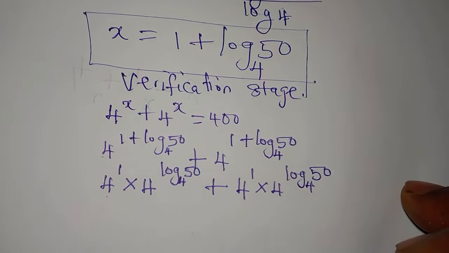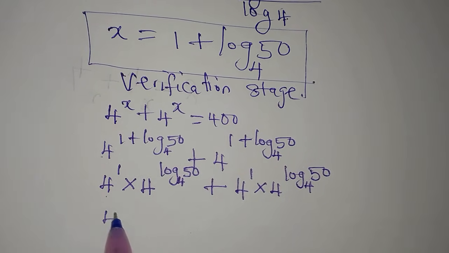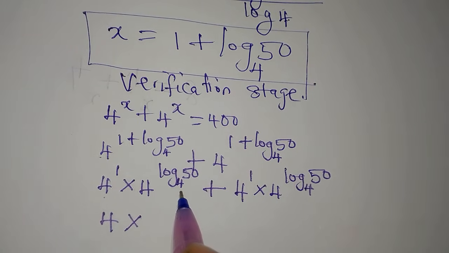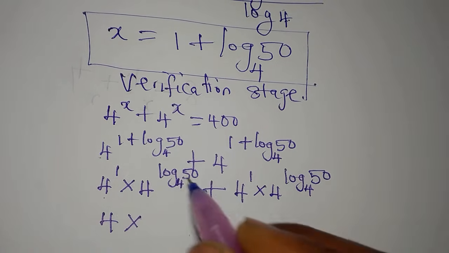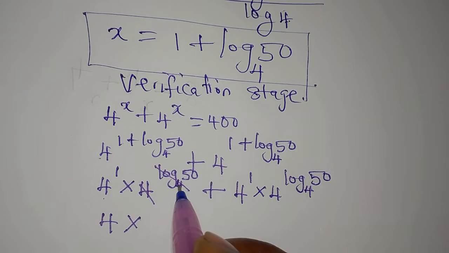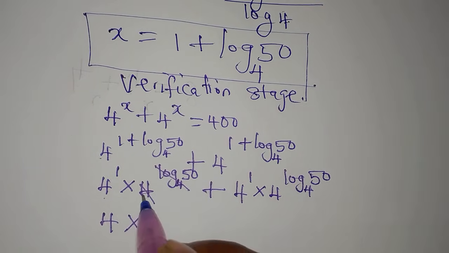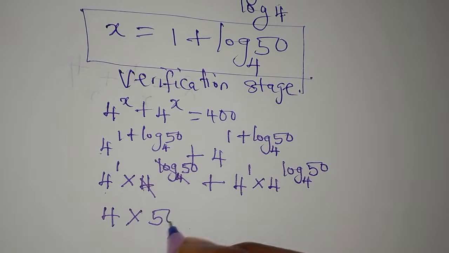Now, if we go ahead again, we discover that 4 to the power of 1 is 4. Then 4 to the power of log 50 to base 4. This 4 and this log base 4 are going to nullify each other, so we'll have 50 over there.